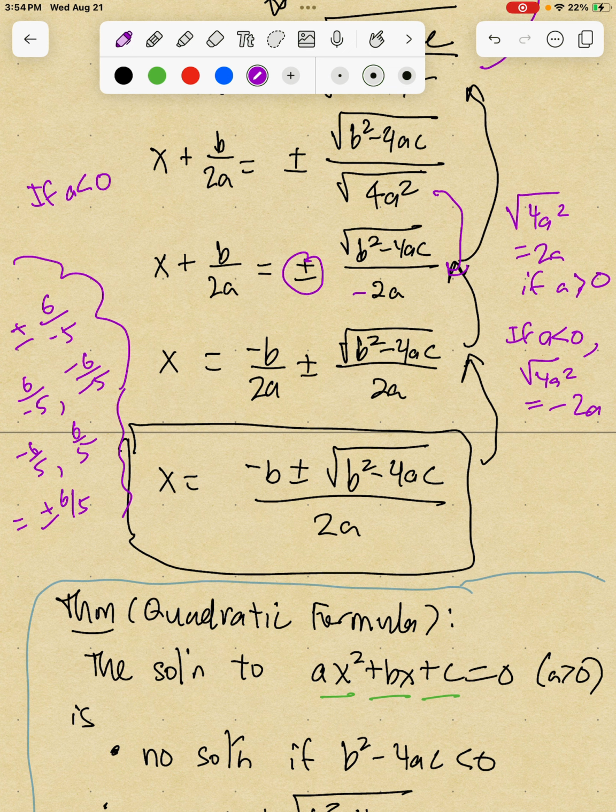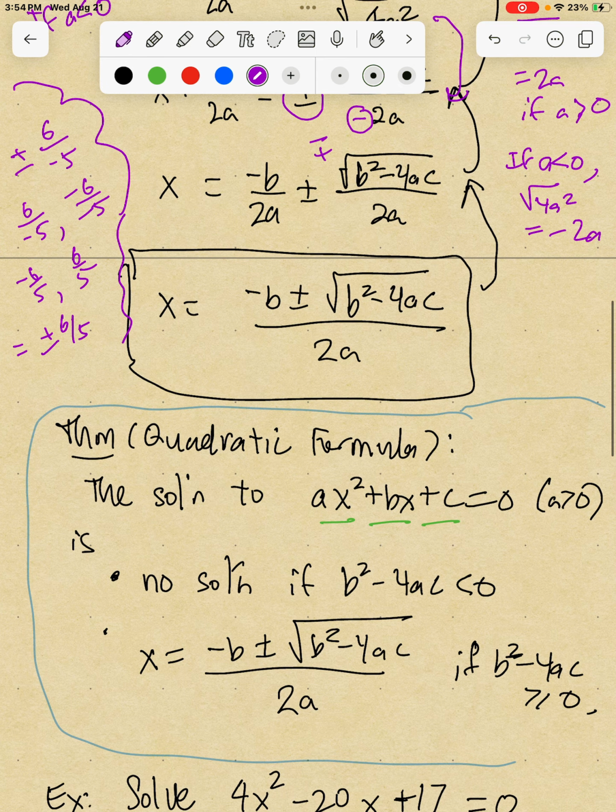What this negative sign will do is change the plus or minus to a minus and then a plus. But if you have minus something or plus something, it's the same as plus something or minus something. So these two values of x are the same.